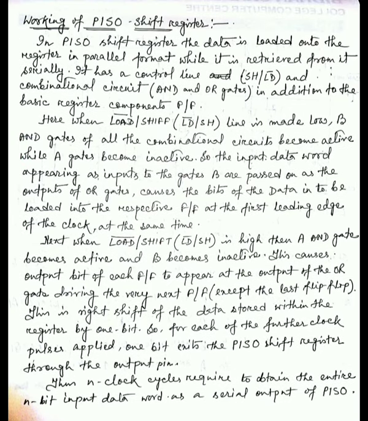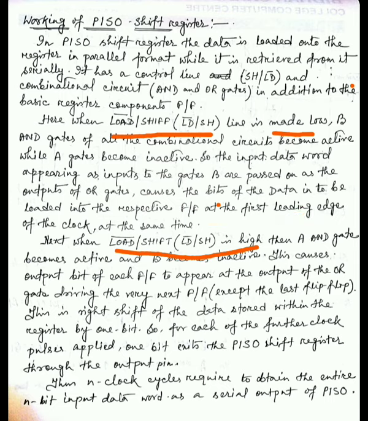This is the working of the parallel in serial out register. I only explain two things: whenever this load is low, what it gets, and whenever this is high, what it gets. Whenever this is low, all the data are loaded into the memory in a single clock pulse. Mind it, at the first leading edge of the clock, in a single clock pulse.